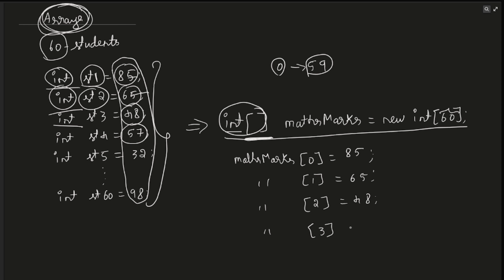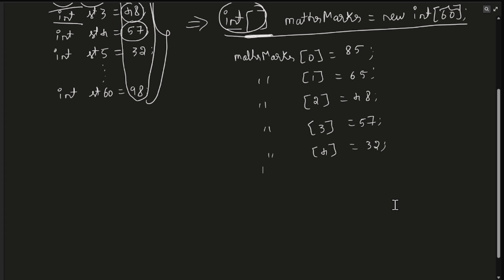Third student marks is 57. Fourth student marks is 32. That's the use of arrays in Java. I hope you all got the intuition of arrays in Java.